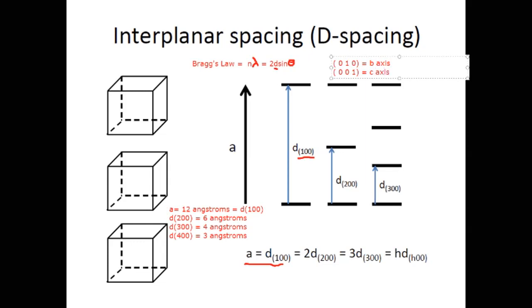If you know the value of the B axis, you can calculate the D spacing. Likewise, if you know the D spacing, you can calculate the B axis. So you can see how, when they collect reflection data, they can use that to determine the unit cell values. And also, if they know the unit cell values, they can calculate the D spacing for the different reflection planes.